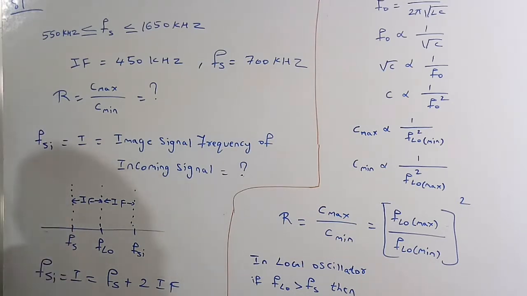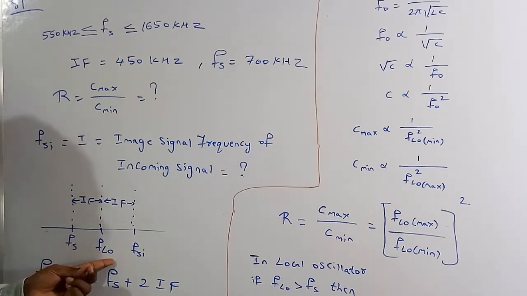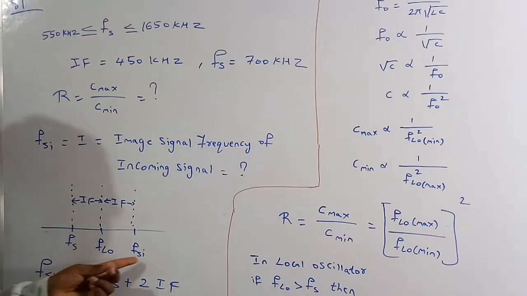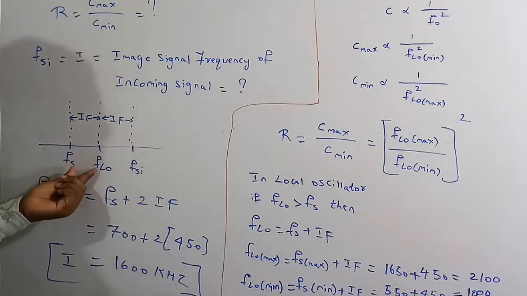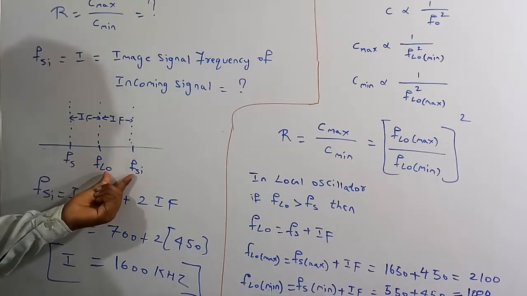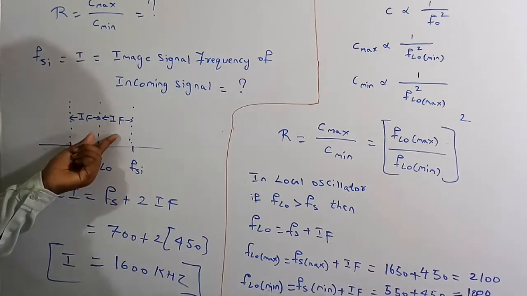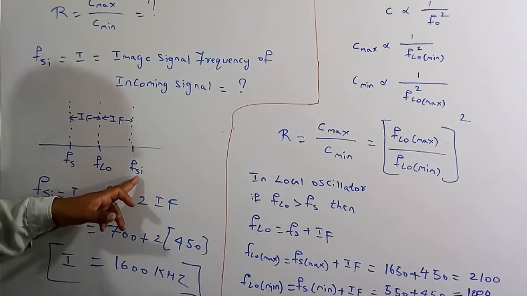In the superheterodyne, the basic relation is: FS is the incoming signal frequency or tuned signal frequency, FLO is the local oscillator frequency, and FSI is the image signal frequency, and the distance between these frequencies is the intermediate frequency. We need to find this FSI, the image signal frequency.